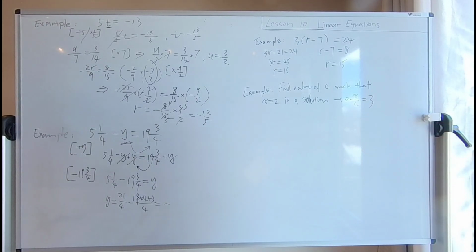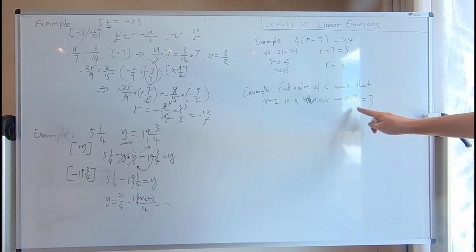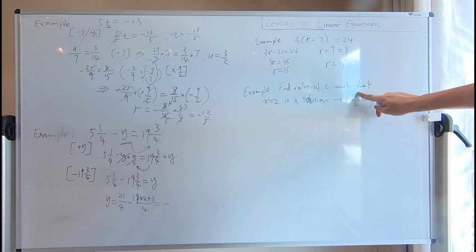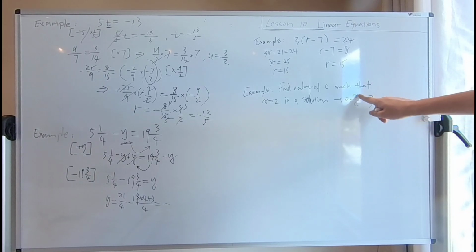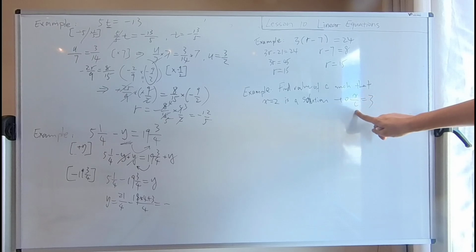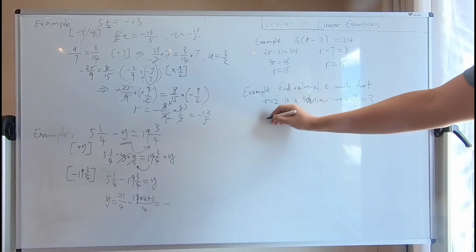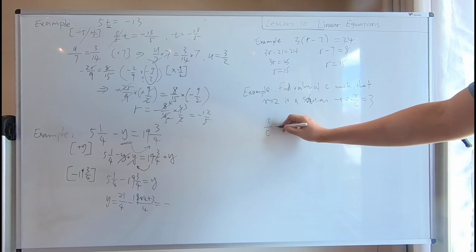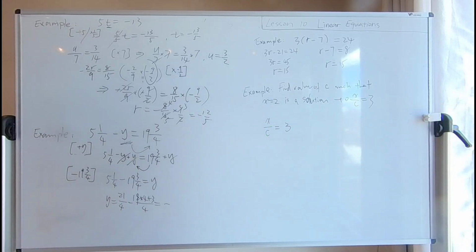So this one, you need to read the question carefully because in this equation, you have two symbols. You have two variables. x seems to be the unknown. c seems to be another symbol. And the two of them form this equation.